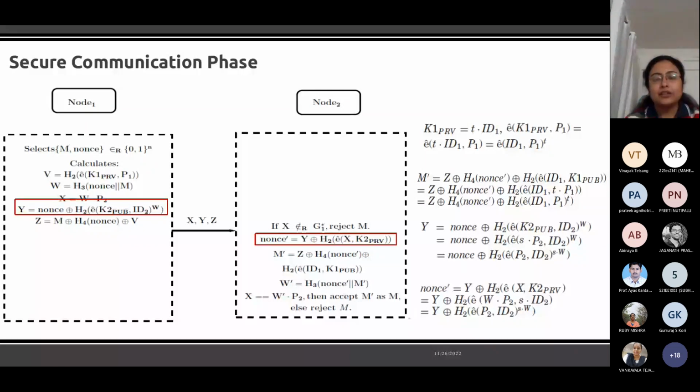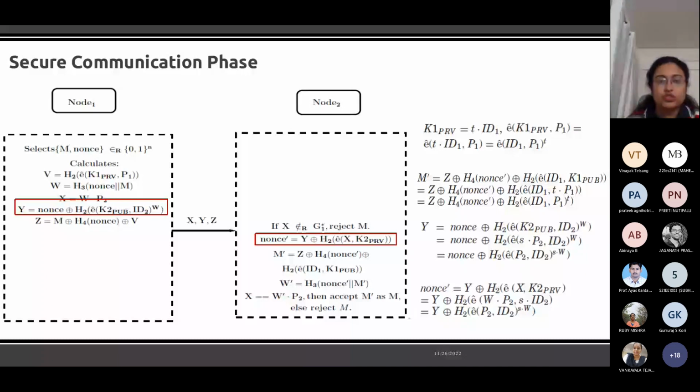For that, along with using the decryption key of the receiver, we also have to use the private key of node 1, the sender. While decrypting, the receiver will use its own private key, as in general encryption and decryption, along with the public key of node 1.